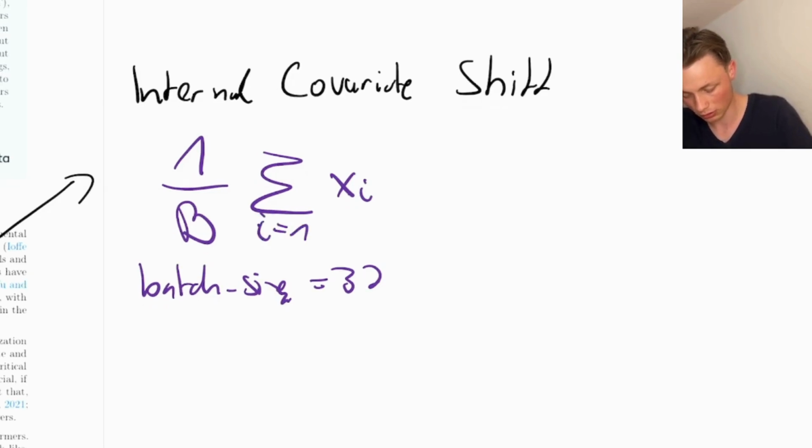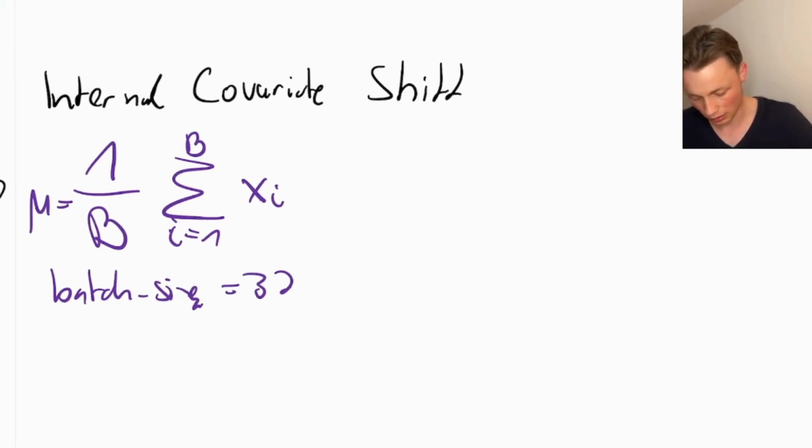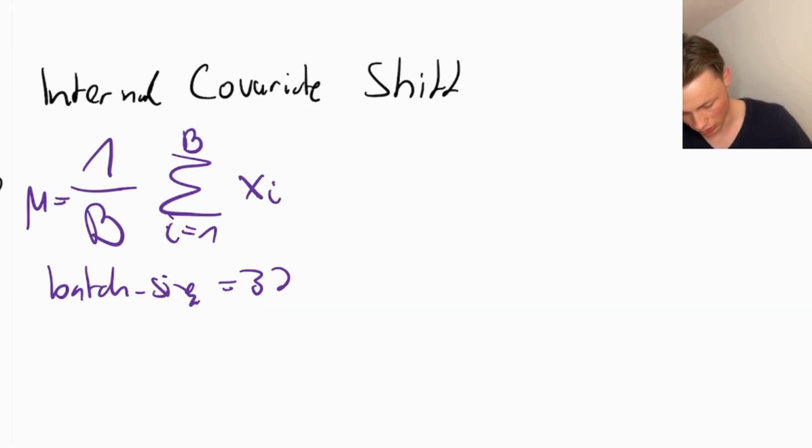And this is our mean for this one neuron. And now we can also calculate the variance, and the variance is just like this.